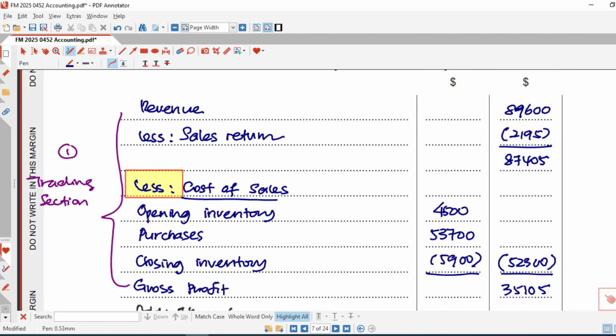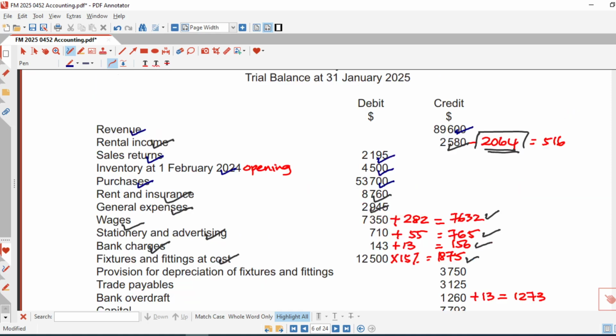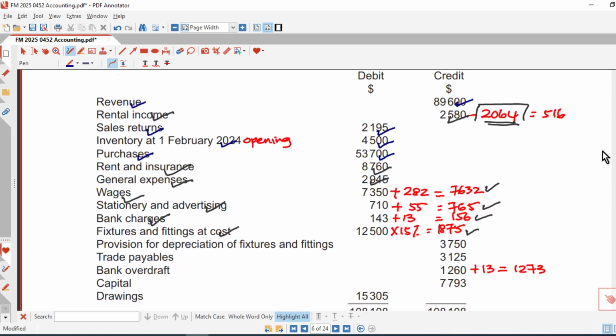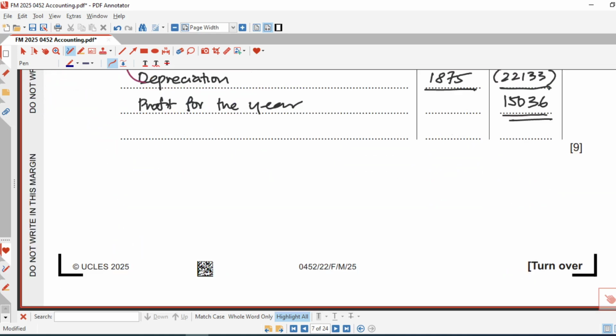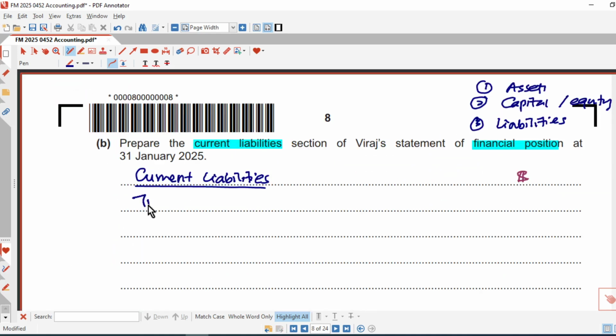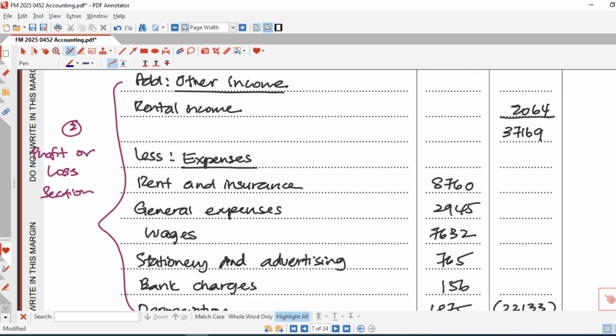Now, what's the first current liability that you see up here? For me, I see the trade payables at $3,125. That is my first item. So I'm going to park my figure in here and move on to the next item.